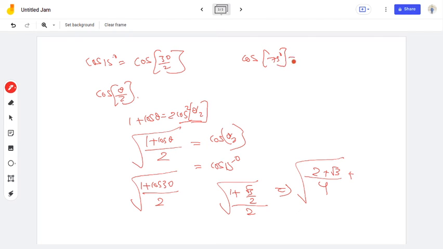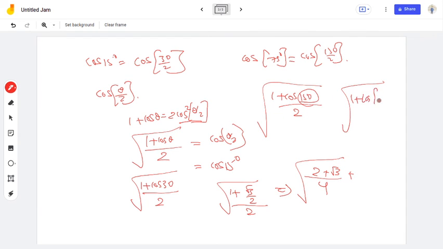Plus, what is cos 75? Cos 75 is nothing but cos of 150 by 2. Similarly, it turns out to be the square root of (1 plus cos 150) by 2. Cos 150 is cos of 180 minus 30, and cos of 180 minus theta is nothing but minus cos theta. So it turns out to be minus cos 30.